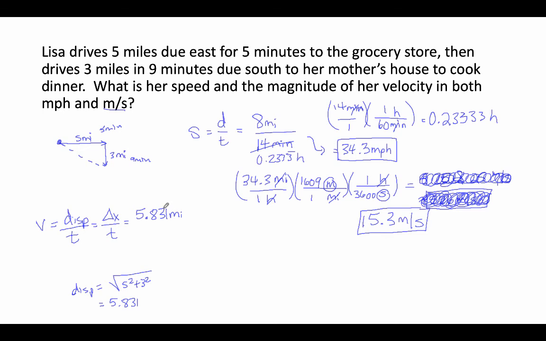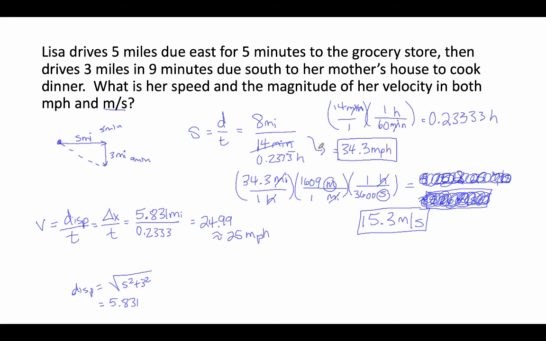So right now we see a big difference. When we were determining speed, that distance was 8 miles, but our displacement for velocity is only 5.831. It's going to take the same amount of time. The time interval is the same. And so for miles per hour, we saw the same time, which is 0.2333, which gives us 24.99, or essentially 25 miles per hour.